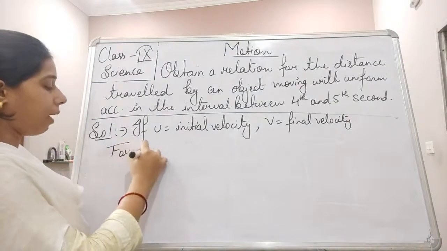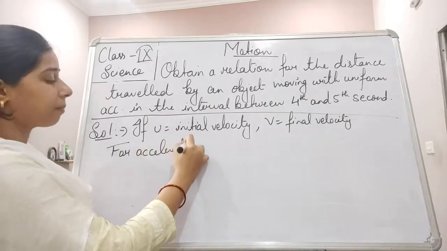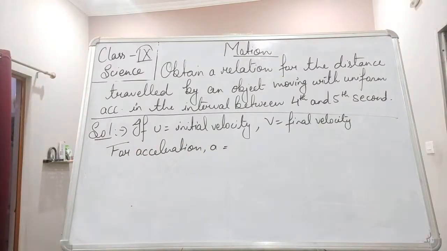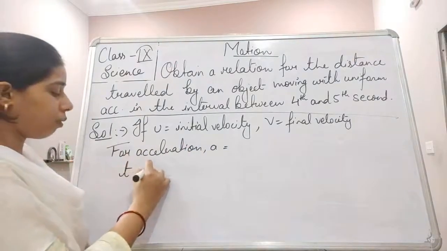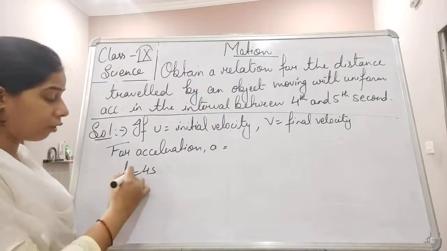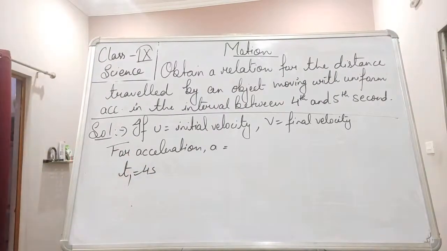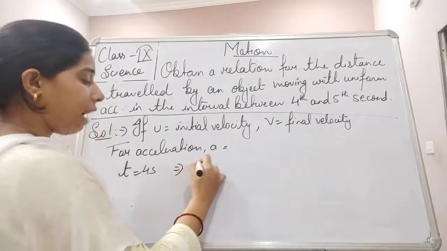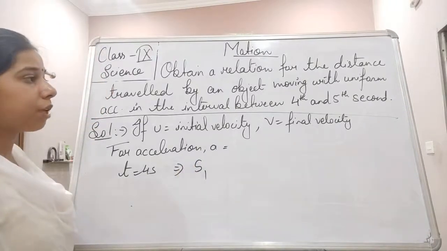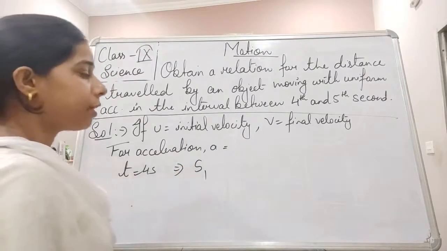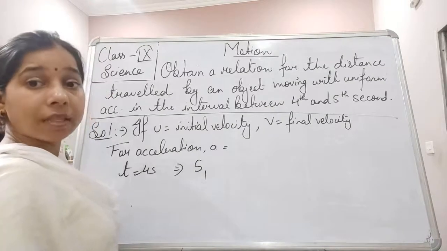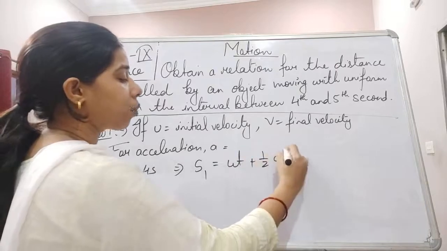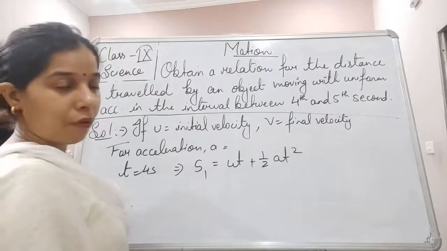For acceleration a, time will be equal to 4 seconds. We are taking here the first time, that is t1. When we take t as 4 seconds, we have to find the distance traveled by the object. So the first distance, represented by s1, is equal to ut plus half at square. You know the formula.